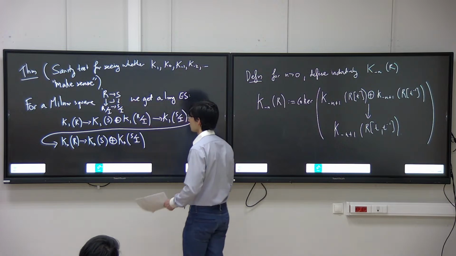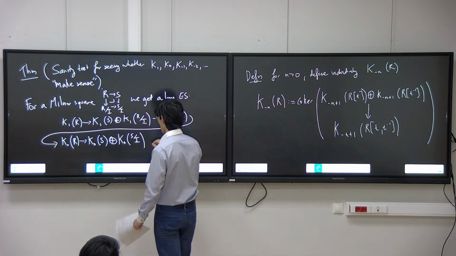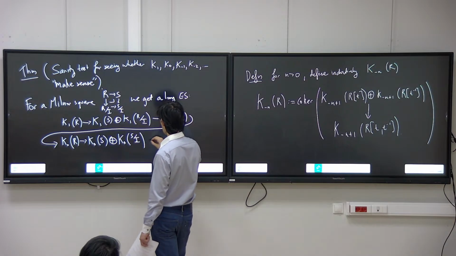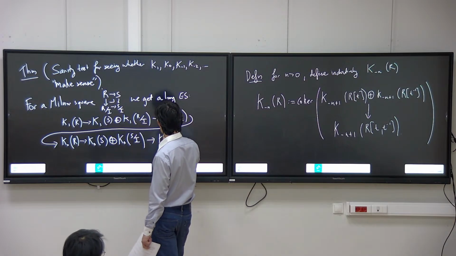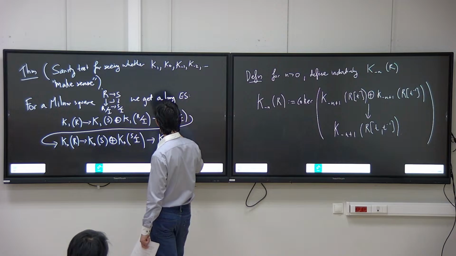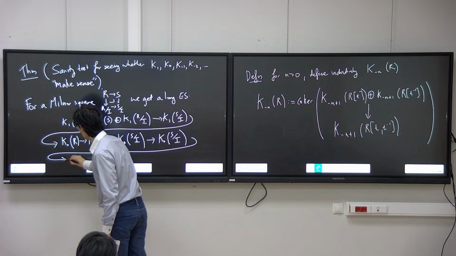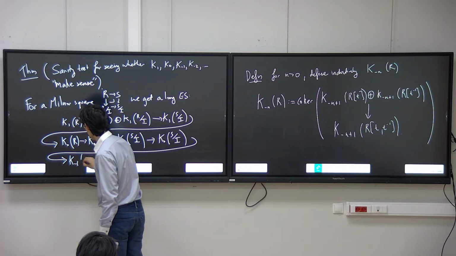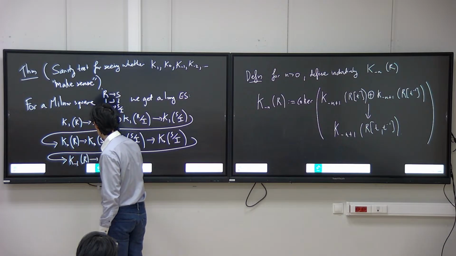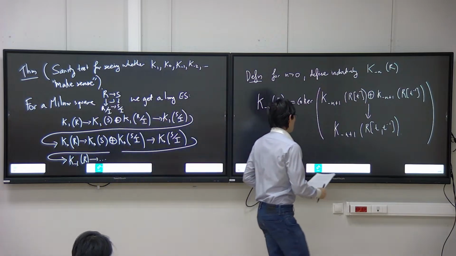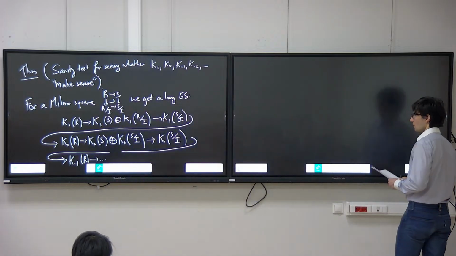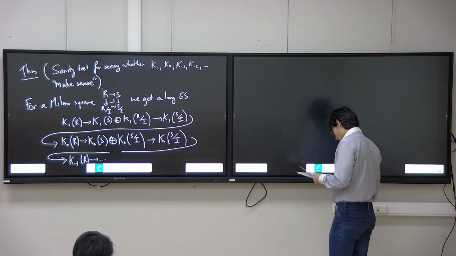But yeah, I think so. So this continues K naught of S over I, and so on. K minus 1 of R, and so on. Okay, that's maybe some sanity test.